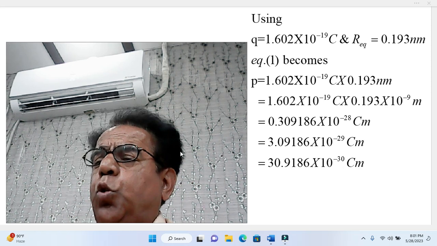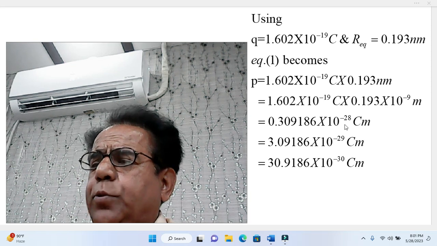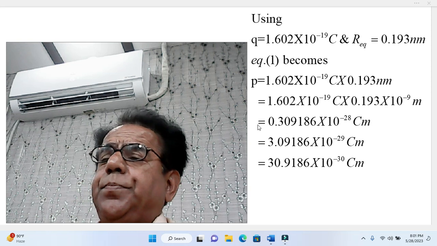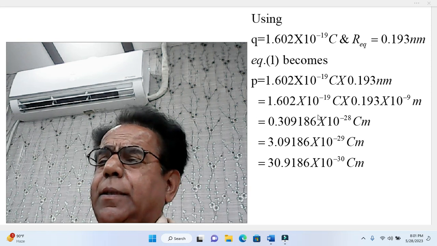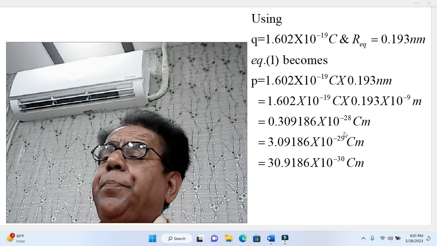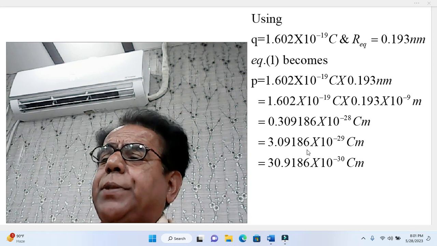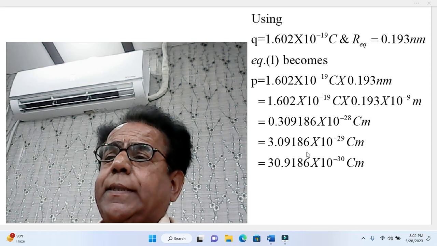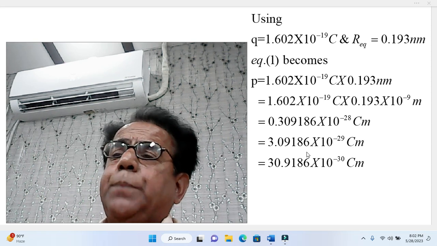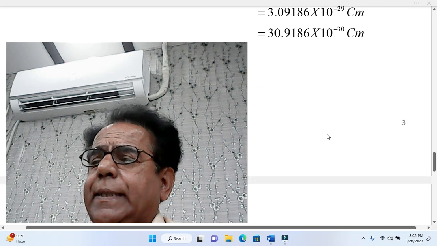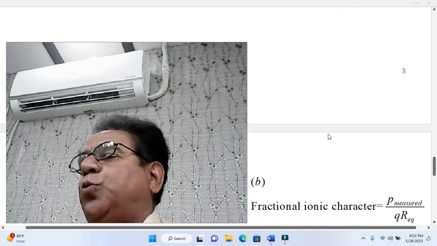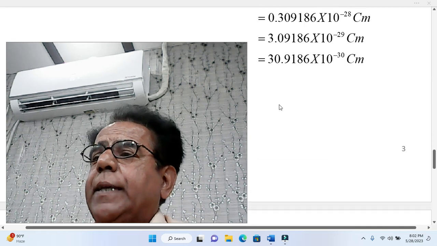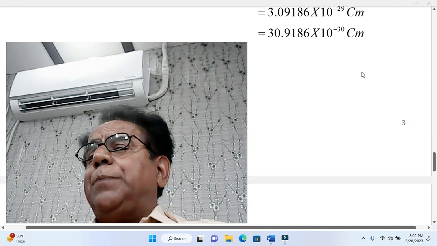Dear students, this answer is also exactly acceptable and correct, but the next two steps are just to adopt a fashion of physics which prevails in the books of physics. Part A has been solved successfully.